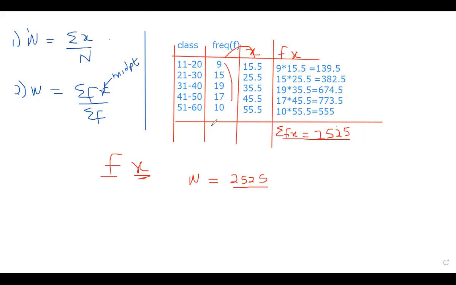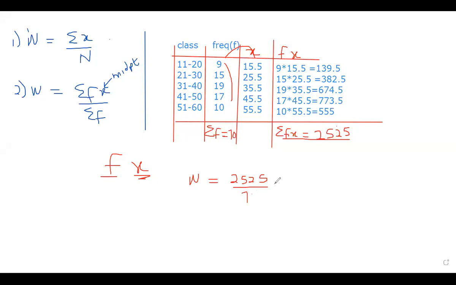So we need to sum the frequency to get summation f. So that's 9 plus 15 plus 19 plus 17 plus 10. And the answer has already been given to you: 70. Okay, thank you once again.